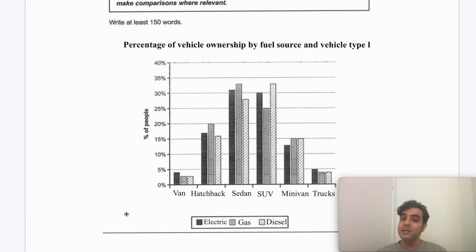Sometimes the comparisons can even be more nuanced than that. For instance, you might be comparing the number of SUVs that are fueled by diesel to the number of sedan vehicles that are fueled by diesel. So as you can see, there's plenty of opportunity for us to compare across these various categories.